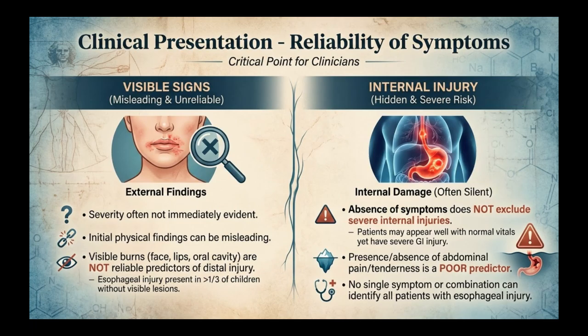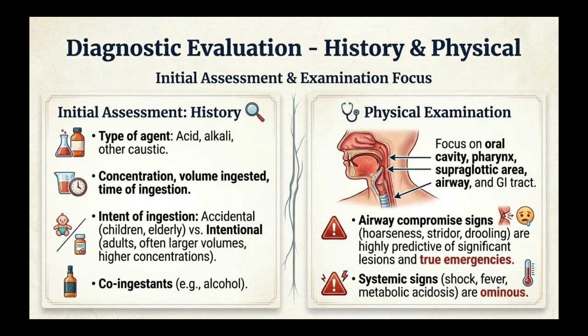Laboratory assessment has limited utility in diagnosing the exact extent of caustic injury, but is crucial for evaluating systemic toxicity, hemorrhage, and overall patient status. Initially, recommended studies include a complete blood count, which may show neutrophilia or falsely elevated hemoglobin/hematocrit from dehydration.